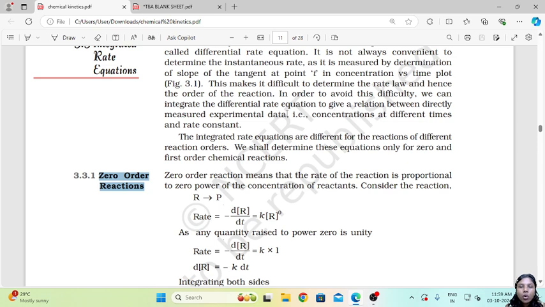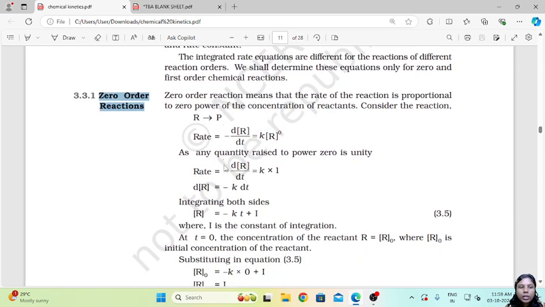In order to avoid this difficulty, we can directly integrate the differential rate equation itself so that we get a relation between the directly measured experimental data, that is the concentration at different times, and the rate constant. Now let's look at the first integrated rate equation, that is the zero order reactions.